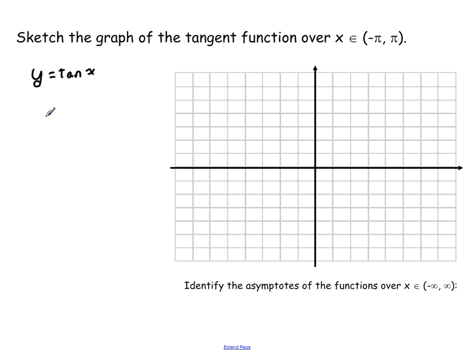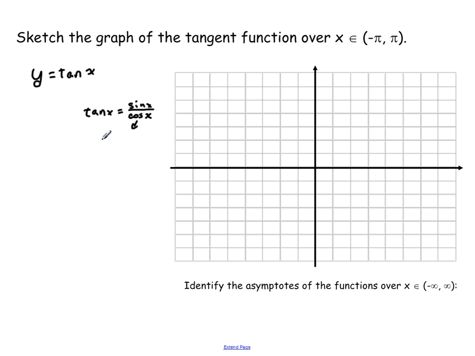That is, we know that since tangent of x is equal to sine of x over cosine of x, which I'm going to put over here, wherever cosine of x is equal to 0, tangent of x will be undefined. Well, where did we say that occurs?